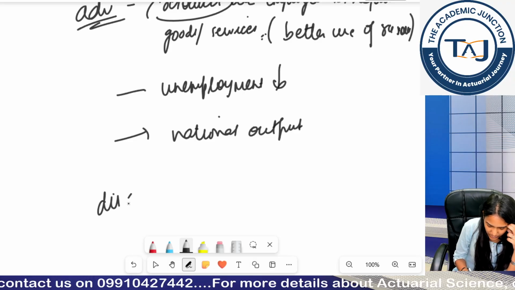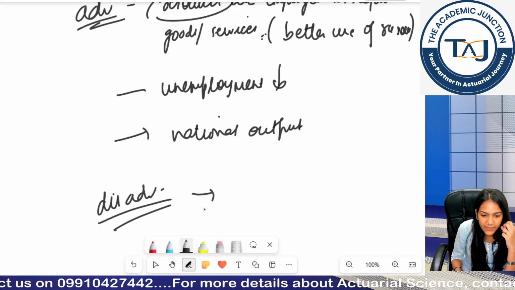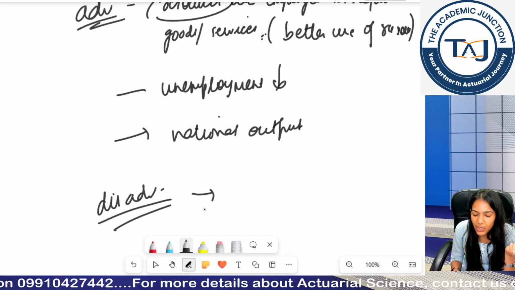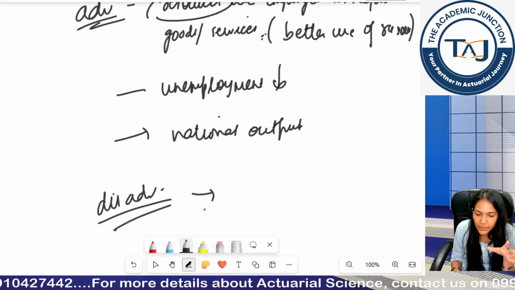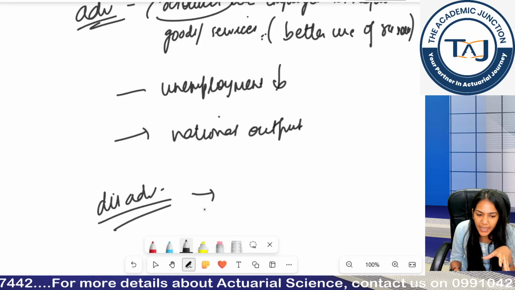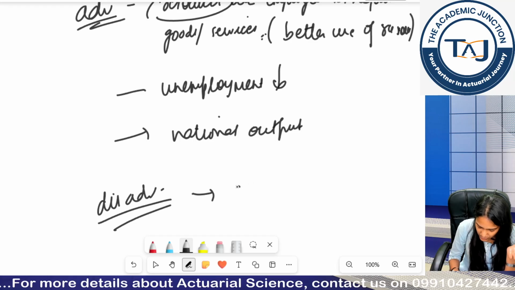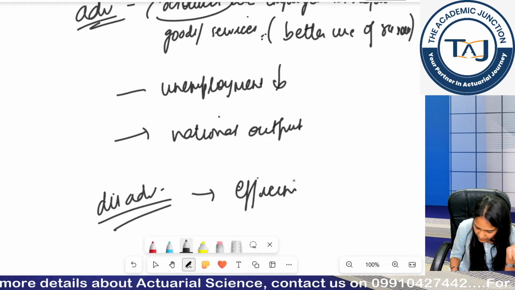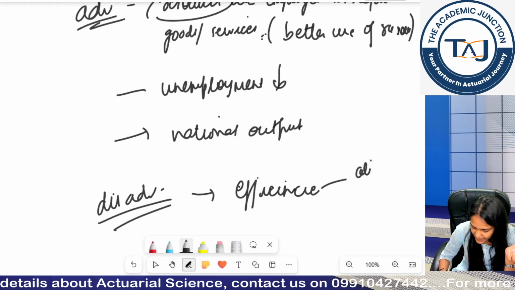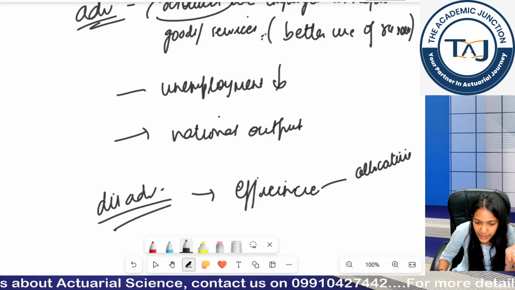Now if I talk about the disadvantages, what can be the disadvantages? Whenever we talk about price, demand and supply, they talk about equilibrium. So efficiencies could not be met. For example, allocative efficiency could not be met.